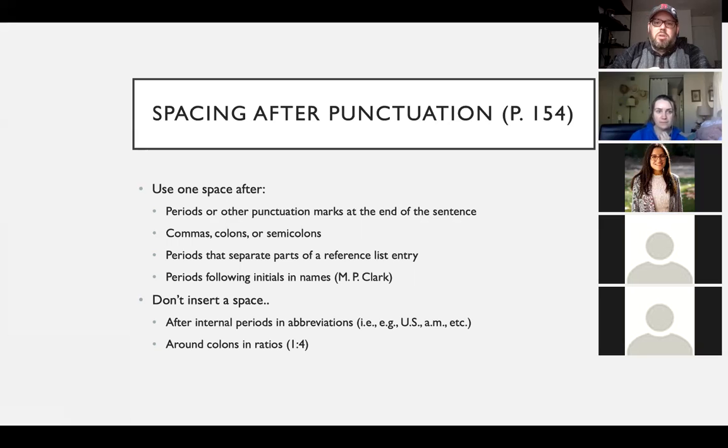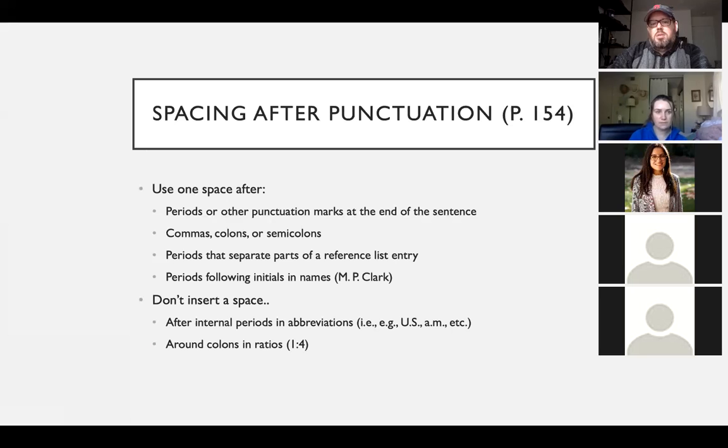One space after any commas, colons, or semicolons. If you have periods that separate parts of an entry on a reference list, there's only one space necessary. And also after initials in a name. For example, in a reference list, we would need to have a space after the period after the first and middle initials of the author's name.